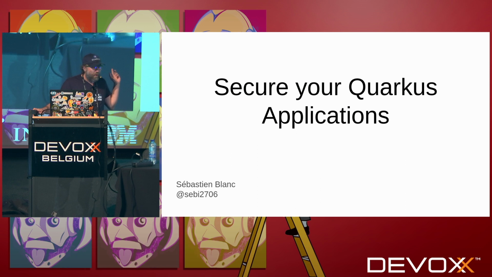The purpose of this Tools in Action is really to show you how you can add this security layer to your Quarkus apps, okay? I have 2 or 3 slides, and then we just dive into live coding, to show you concretely how you can secure your Quarkus application.